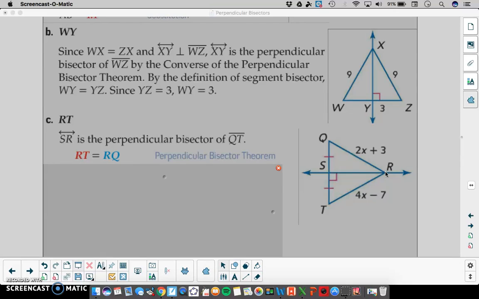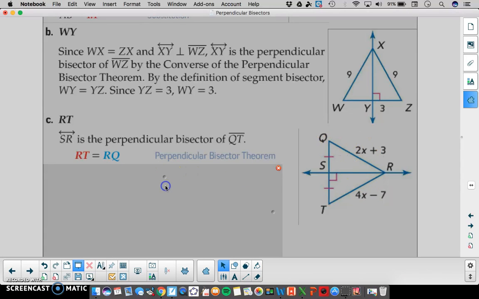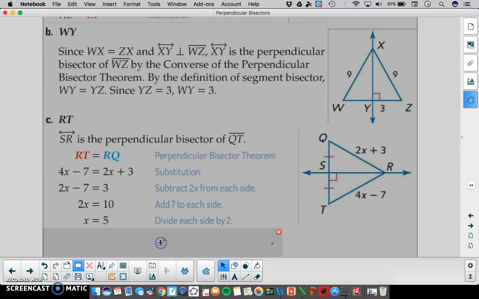Therefore, point R has to be equidistant from each one of those endpoints. Therefore, RQ and RT have to have equal measure. Then we know the expressions that represent them can be set equal to one another. Then it's just algebraically solving for x, and we get x equals 5. Once we know x equals 5, we have to substitute back in and find that RT is 13.